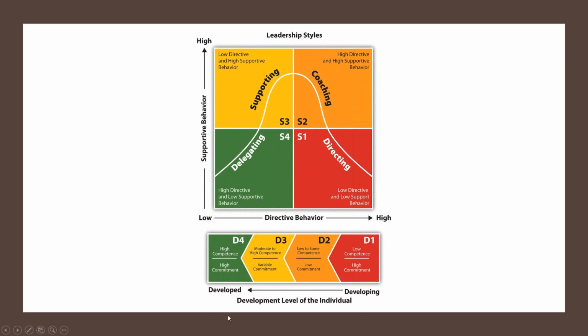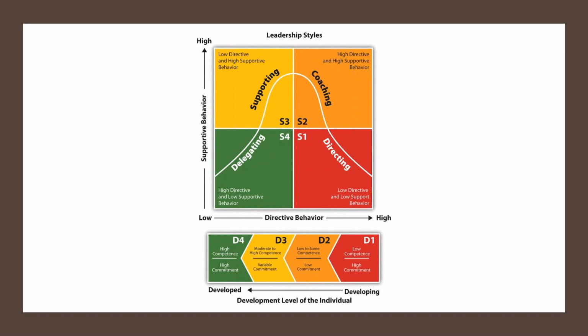So, for example, if you look at D4, D4, of course, is where we have categorized our team generally as highly competent and highly committed. So they're very competent, very committed. They know what they're doing and they're completely committed to the goal at hand. If you've got a team, generally speaking, in that realm, then what Blanchard and Hersey are saying is that you should be spending your time delegating and supporting.